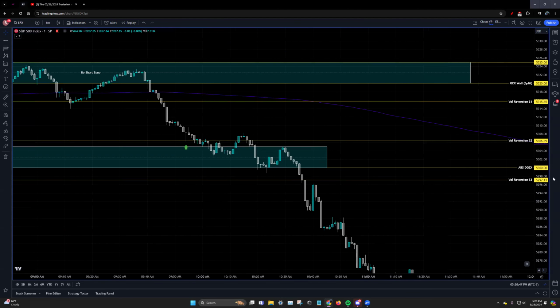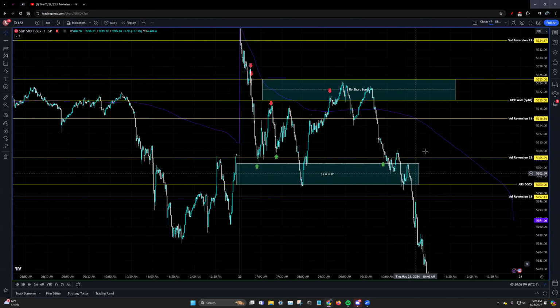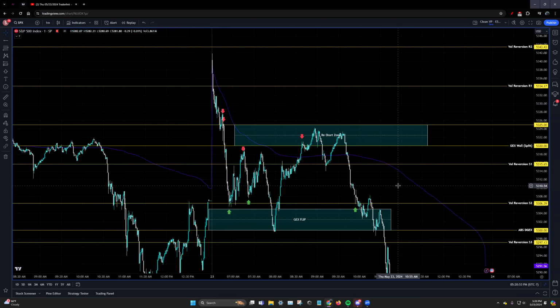Vol reversion S3 is what he's talking about, Josh. It changes. With running these vol reversion levels, it depends. One part of the calculation is what spot price you run it at. So when I ran it late this morning versus if I ran it at the open, they would be different.